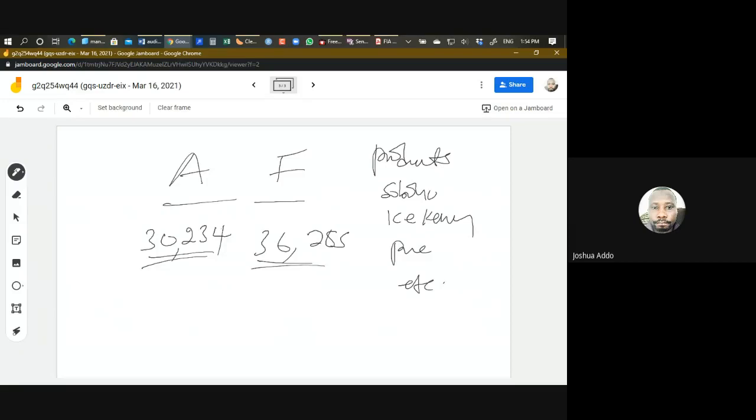If you take Coca-Cola, for example, if you take Casapreco, for example, there's a big factory, all of the products they're producing are coming from that factory. So these are the production overhead costs under the production cost centers in the whole factory.